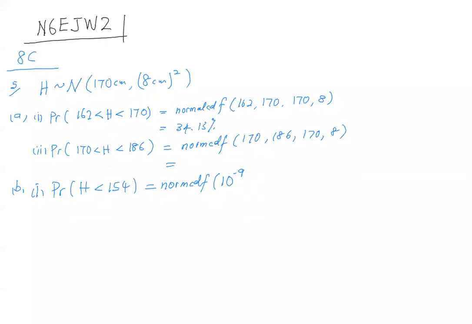Oh, no, it's wrong. I'm wrong. What should I write here? Lower? Can someone tell me? Yes, negative 10 to the power of 99. Very, very small. 154, 170, and 8. Greater than is the other way around.